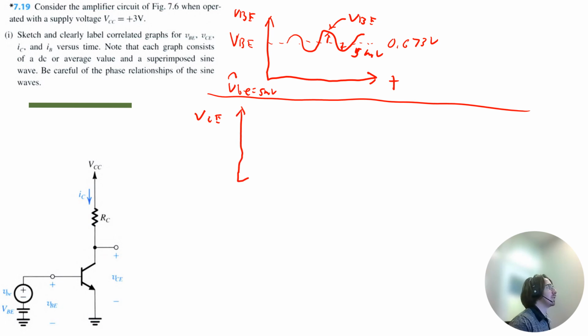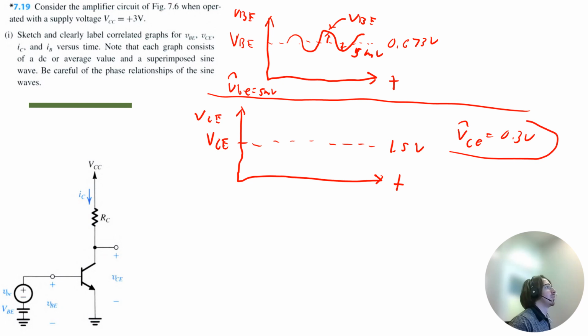So we can do VCE. So our capital VCE, our DC component, is 1.5 volts. And our small signal amplitude was 0.3 volts. Remember, this was the max we could do without saturating the transistor.